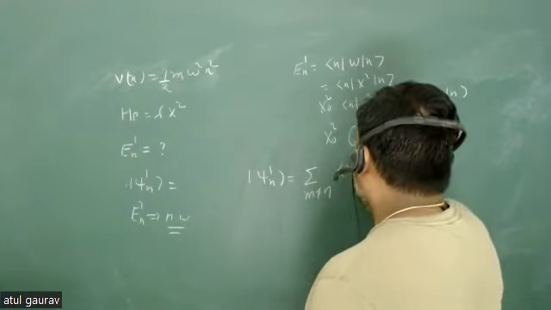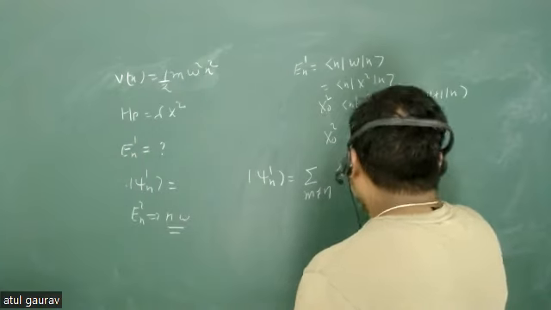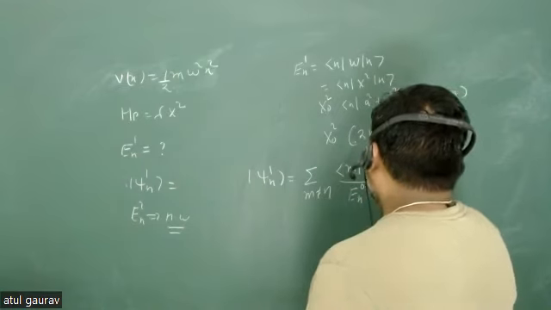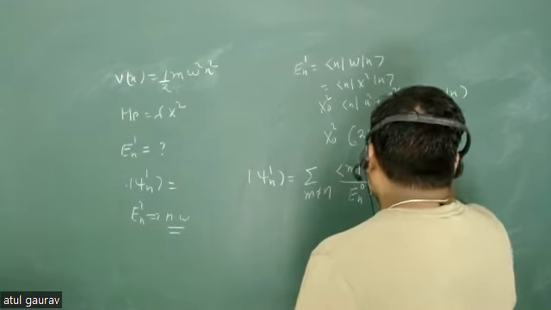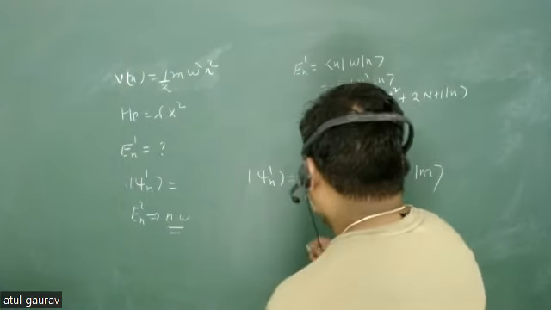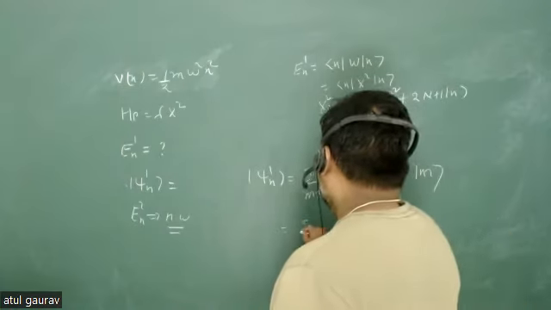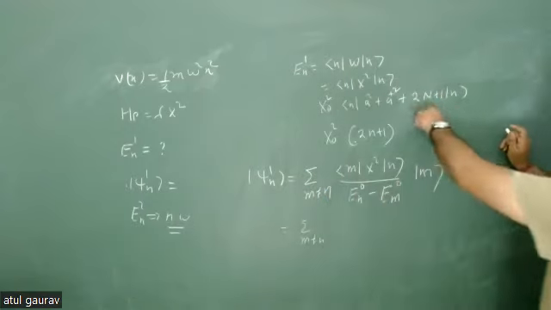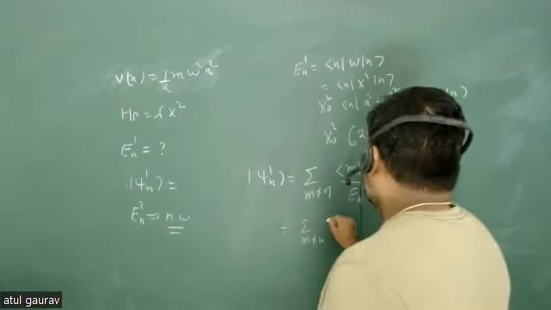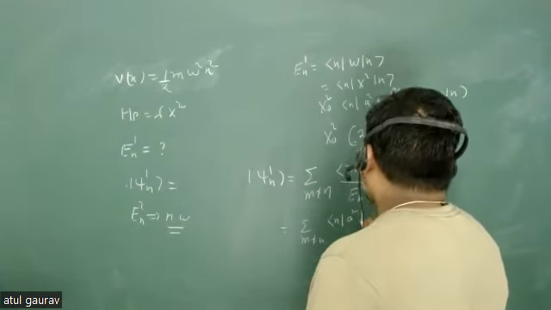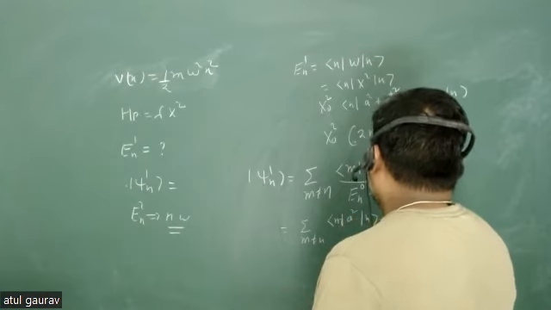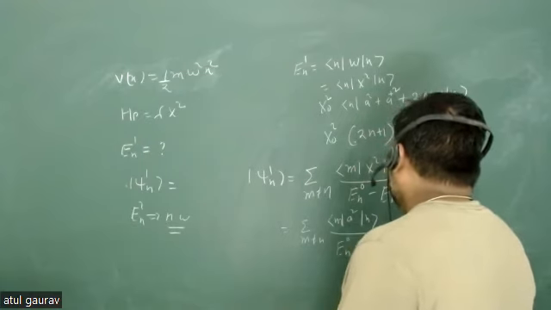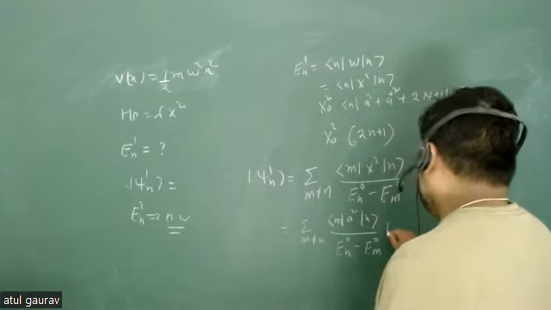So you have <m|x squared|n> over E_n^(0) minus E_m^(0), times |m>. So the first term, m not equal to n: x squared is this, so let me write it first. This will be <m|a squared|n> over E_n^(0) minus E_m^(0), times |m>.